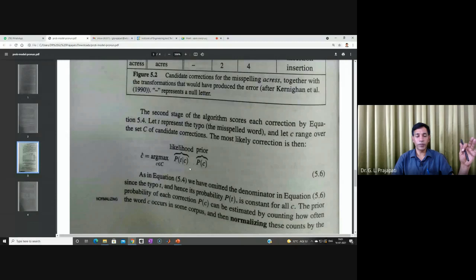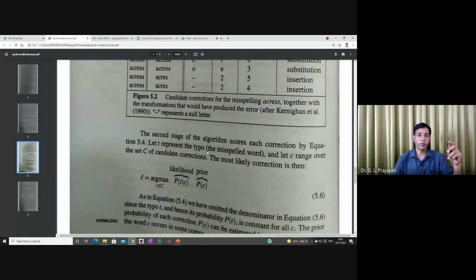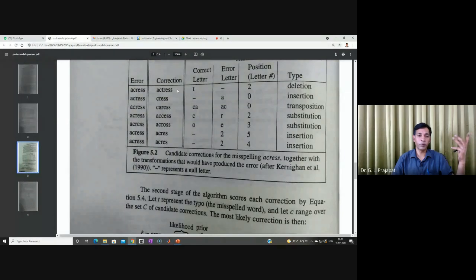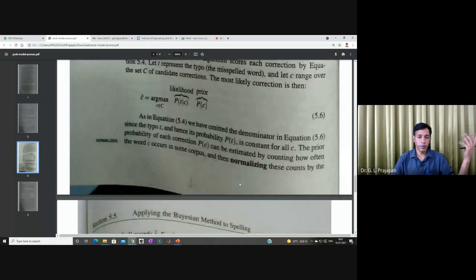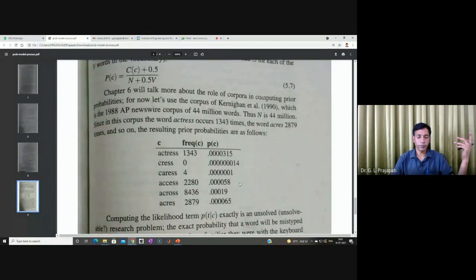Instead of computing C given T directly, you can compute the product of these and you get the same answer. This is the application of Bayes theorem in correcting words. Once you are typing and you have typing mistakes, you need to determine the most probable, most correct word. So this is also one application.